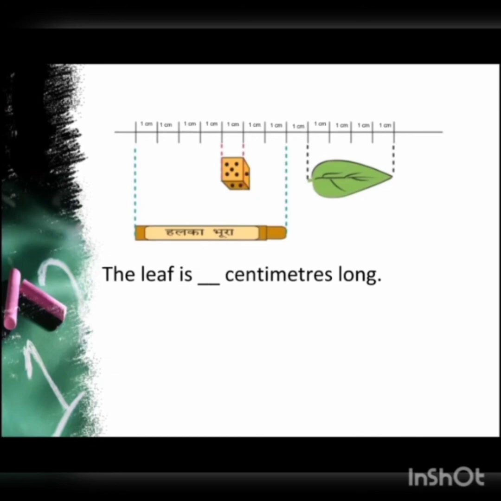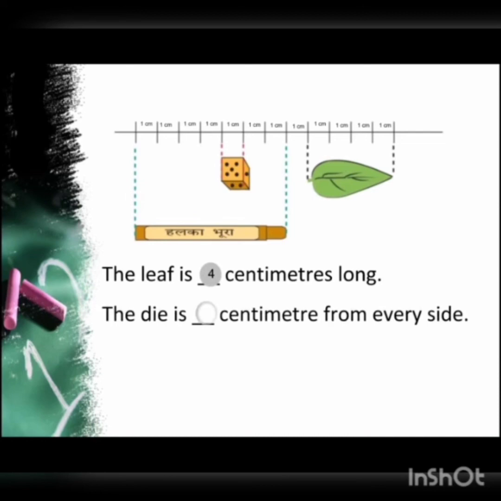That means 4 centimeters long. Similarly, you can see that the die is 1 centimeter from every side. Now, measure the length of the wax color. Good. It is 7 centimeters long.